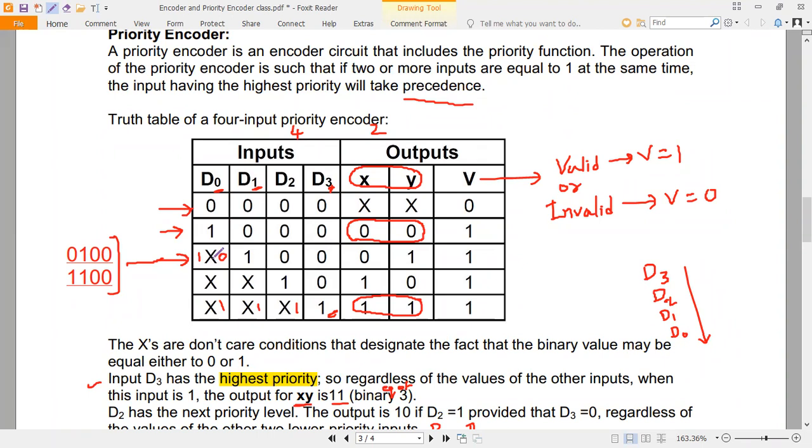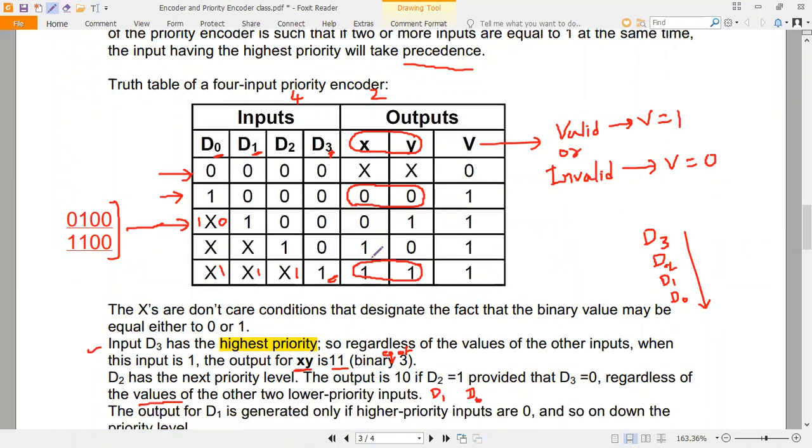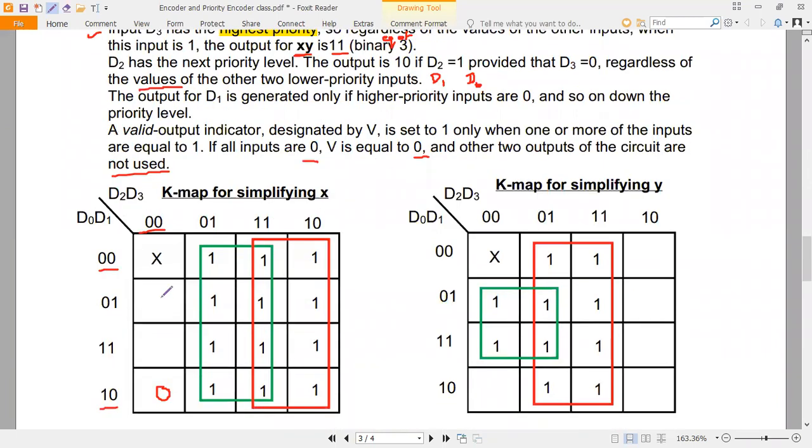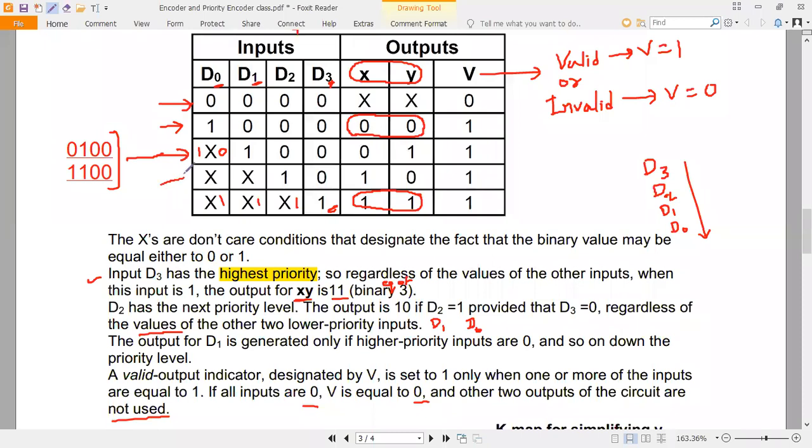If you take x equal to 1, 1 1 0 0. For both these cases, the value of x equal to 0. So for this, how many combinations are you going to get? Take x equal to 1 or x equal to 0: 0 0 0 1 0. Like this, you are going to get 4 combinations for this one.